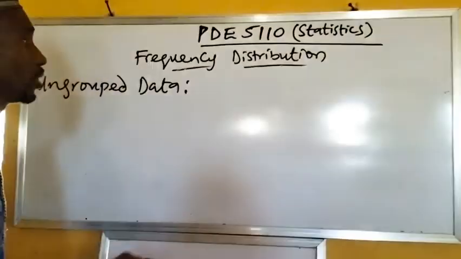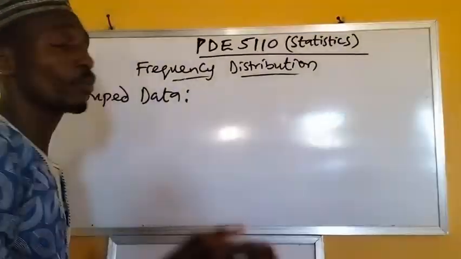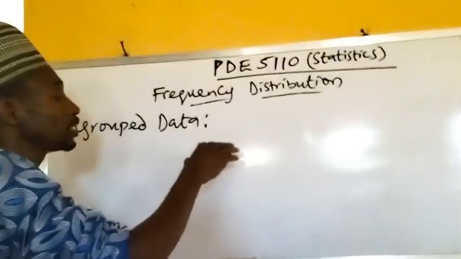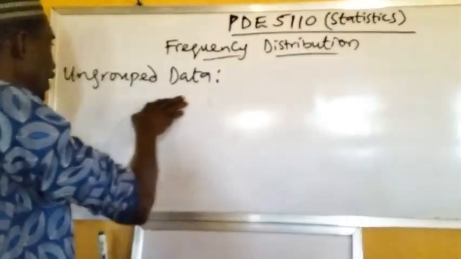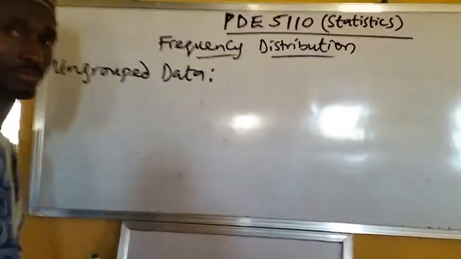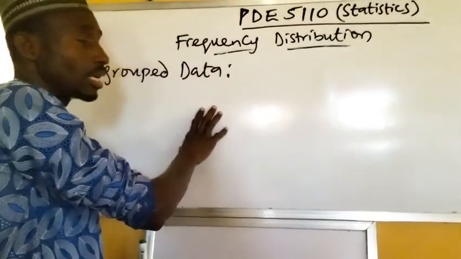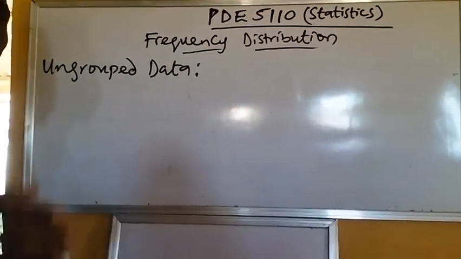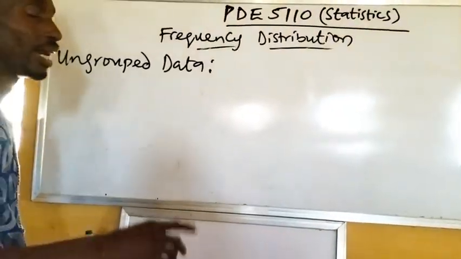Classes or categories. So when we say ungrouped data, whatever data we gather that is yet to be put into classes or categories is known as ungrouped data.